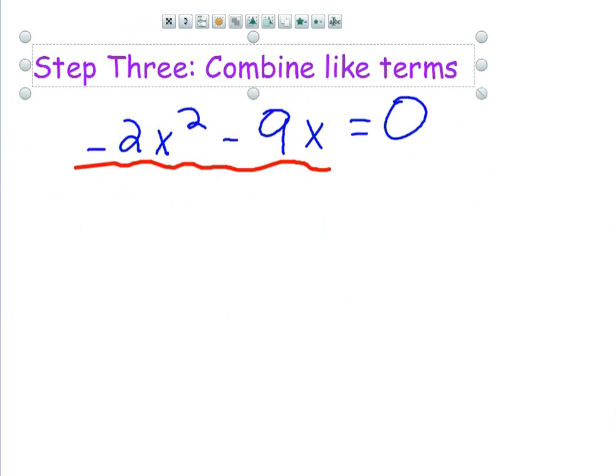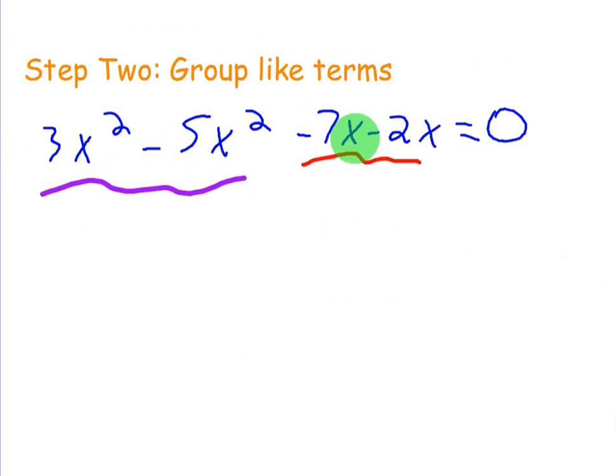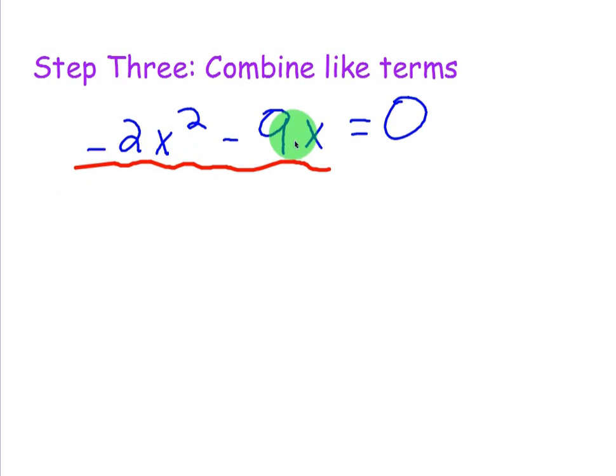It doesn't matter to me. But 3x squared minus 5x squared gives you negative 2x squared, and negative 7x minus 2x is negative 9x. So now you can see everything simplifies down to one term that has an x squared and one term that is just an x term. Again, no constant terms.